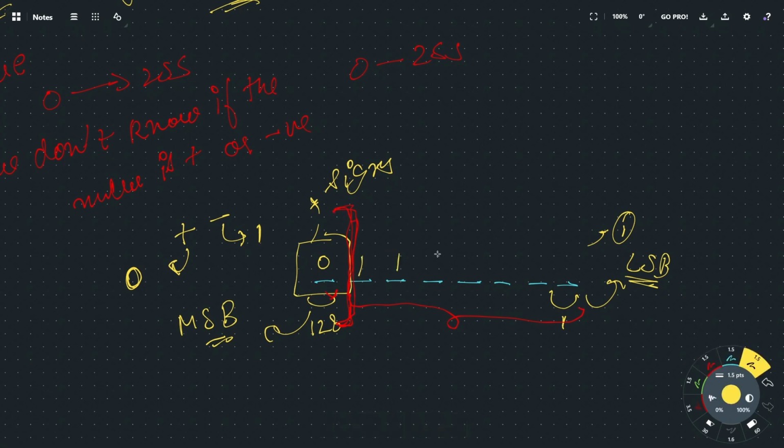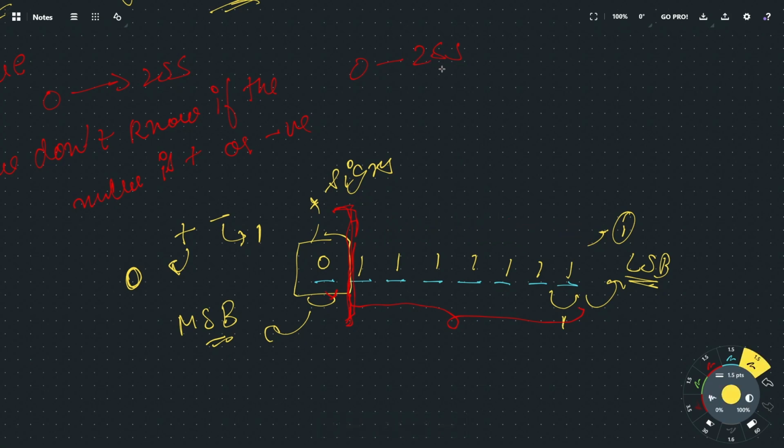So if we fill all the bits with one, that's where we get the maximum number. It was 128, but we are not using it. So 1, 2, 4, 8, 16, 32, and 64. That adds up to 127, right?